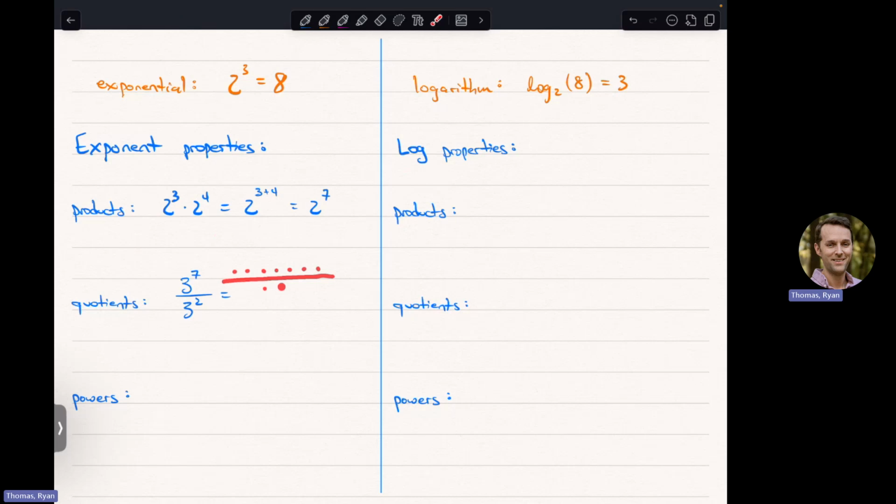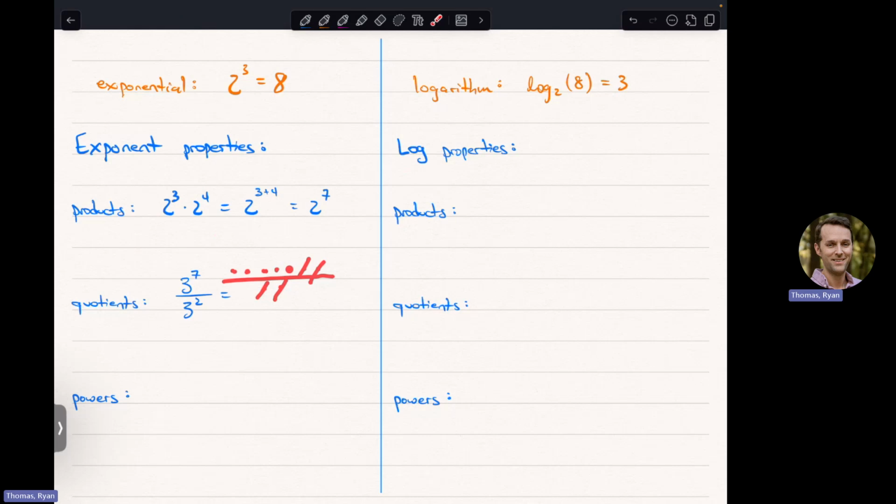And since you're dividing, and the way all these copies are combined is multiplication, we can start reducing. There's definitely a 3 on the top and bottom. We can reduce those. Then there's another 3 on the top and bottom. We can reduce those.